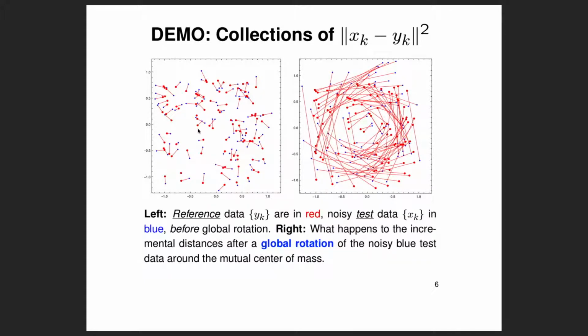And then I apply a global rotation, leaving the red points, the reference data, where they are, and you can see that these red lines between the starting point and the reference and the rotation of the test data are now the individual pieces of the norm of x minus y. Okay, so what we're doing is we're summing the squares of all of the red lines.